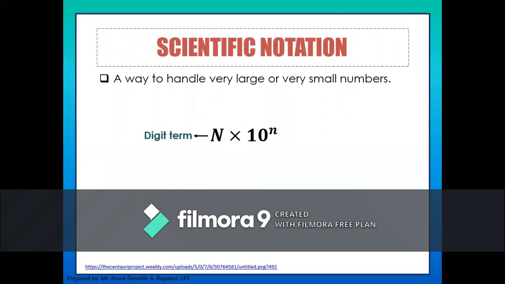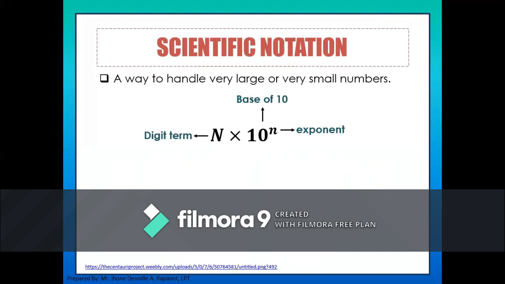Here, numbers are represented by the product of a multiplying factor and a power of 10. That's the reason why you've noticed the base of 10. And the superscript here, the small letter n, means the exponent. This exponent can be any integer, positive or negative, and we can also write 0. Later, I'll intensify that part.